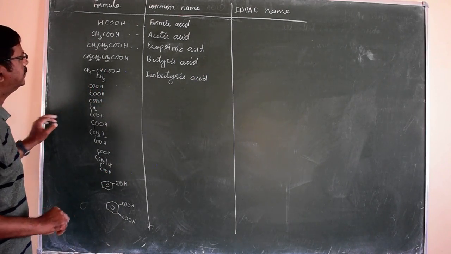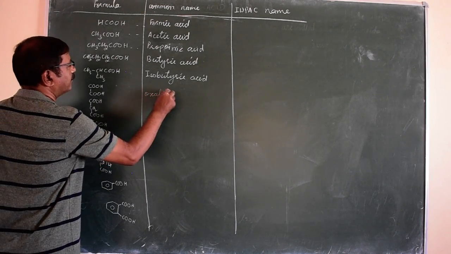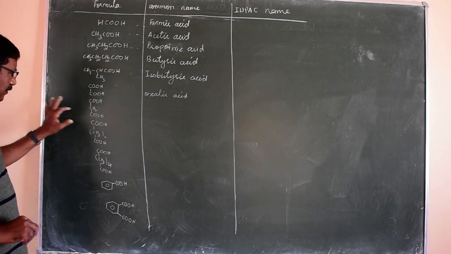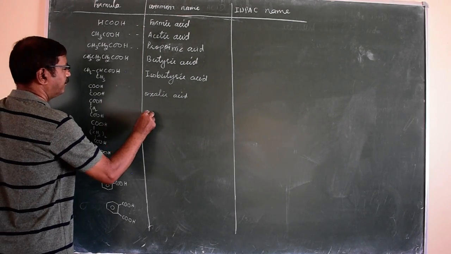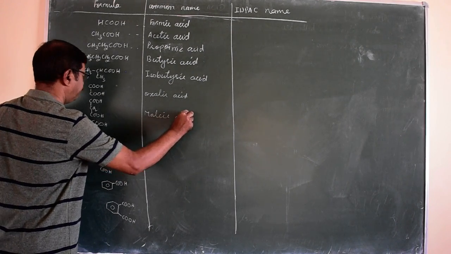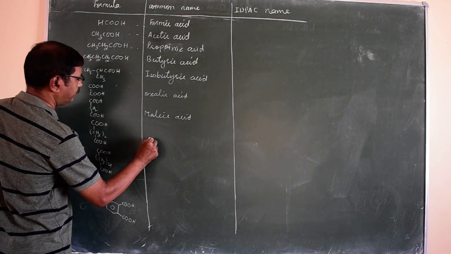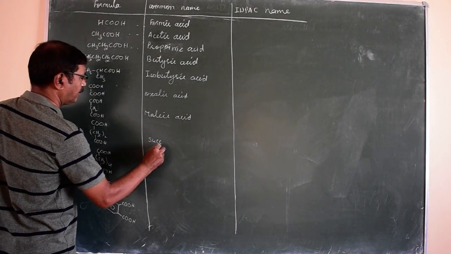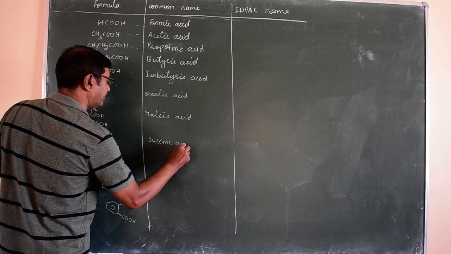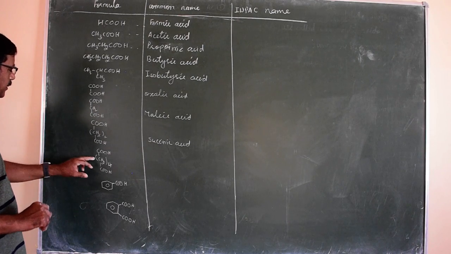Then we know this is called oxalic acid. Then malic acid. Then succinic acid.